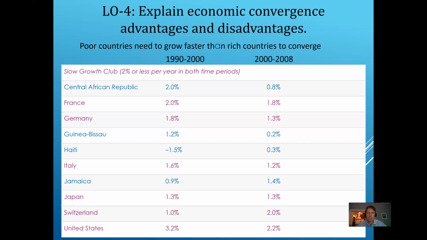Slower growing countries, some that may not be as surprising, maybe the Central African Republic, which has had a lot of internal conflict, wouldn't surprise you. But then you're going to see a number of countries in Europe or large economies like Japan, Switzerland, the United States, Germany, that represent some of the biggest economies outside of China.